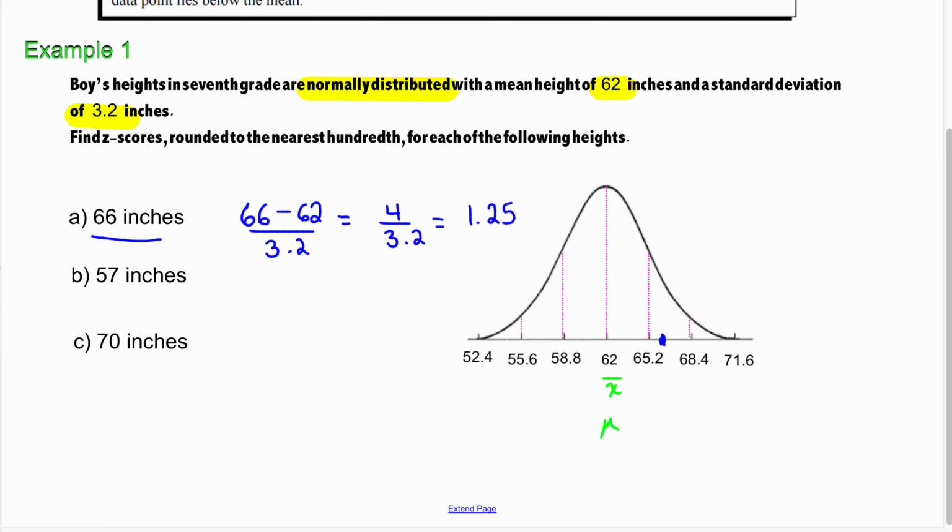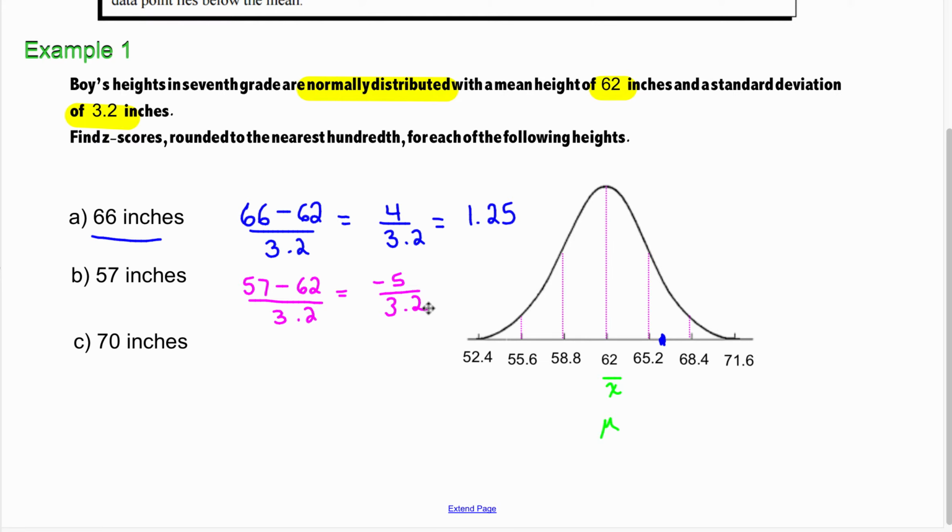All right, so now we got a little shorter kid here, 57 inches. So how does 57 compare to the average, which is 62, and divided by the standard deviation? Well, 57 minus 62 is negative 5, divided by 3.2, and now the negative is telling us something.